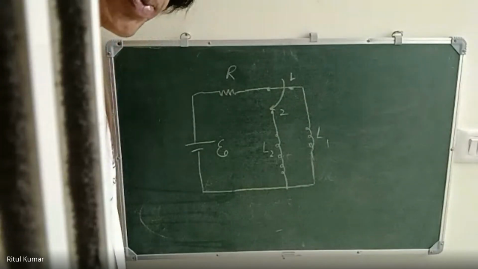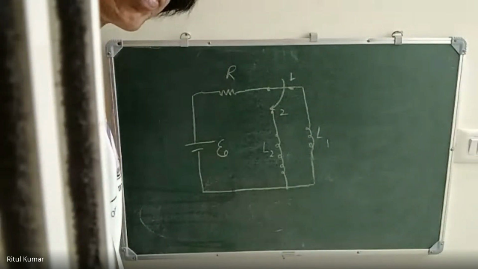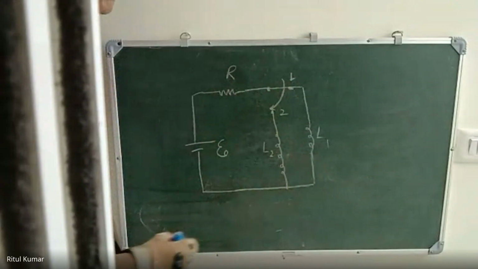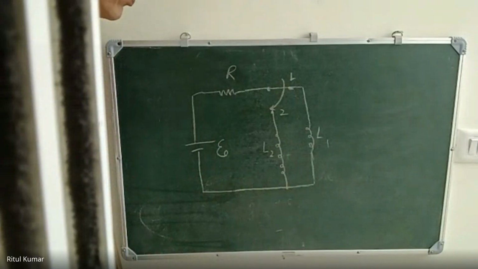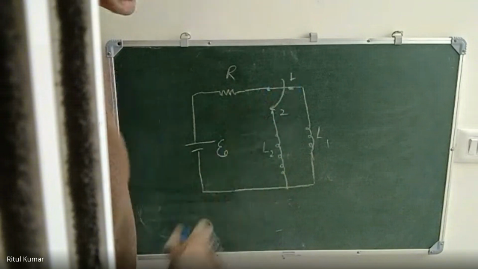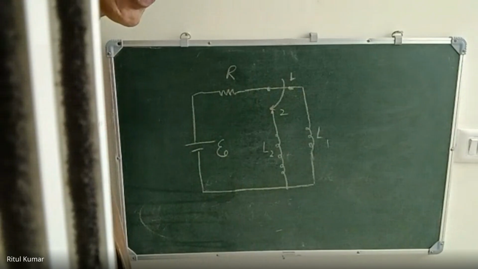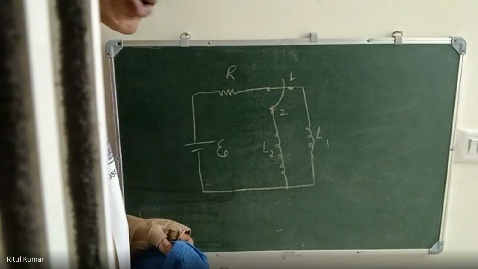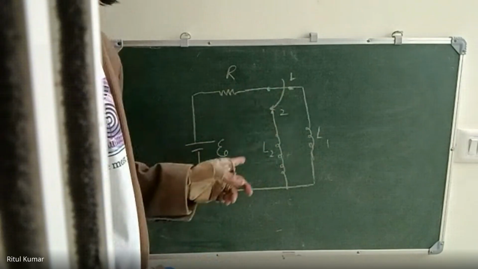Question well received? So it's connected to which switch first? 1. This is the connection for, you may say, an infinite length of time, a good length of time. And then the switch is thrown from 1 to 2.